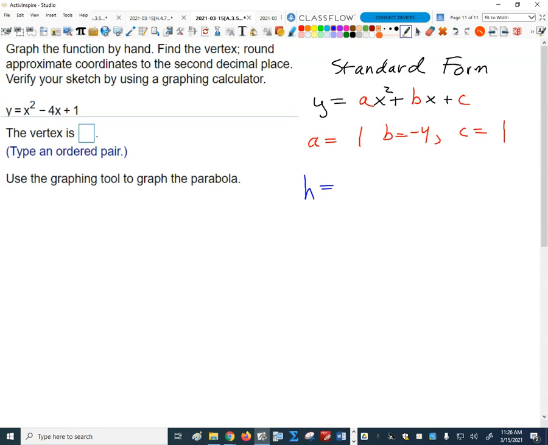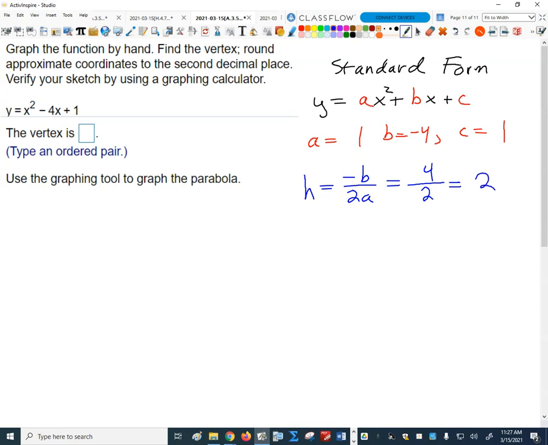Good. Negative b over 2a. Very good. Okay. And so let's see. If b is -4, negative b is +4. Divided by 2 times 1 is 2. So everybody agree we get h equals 2.